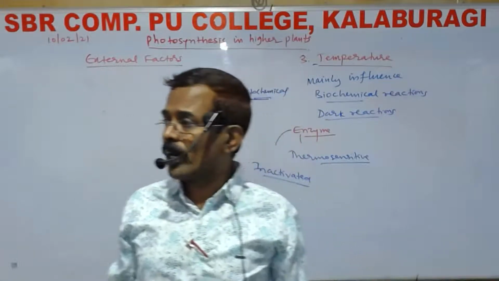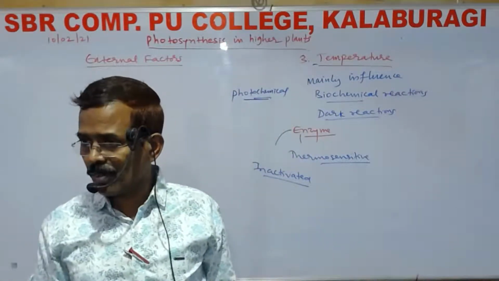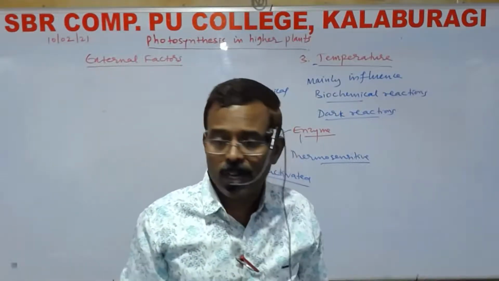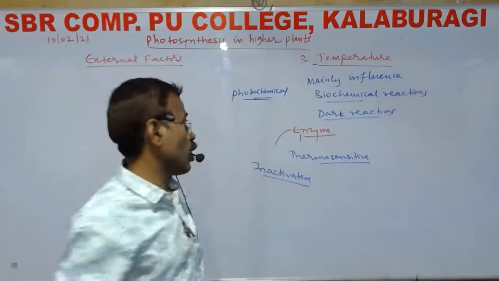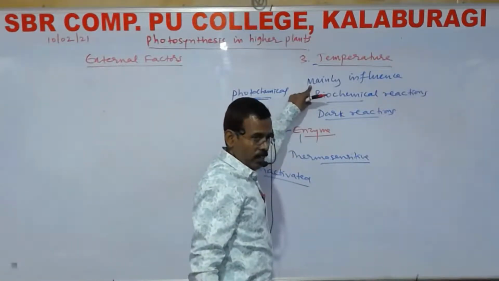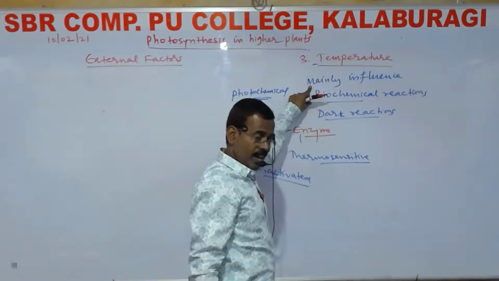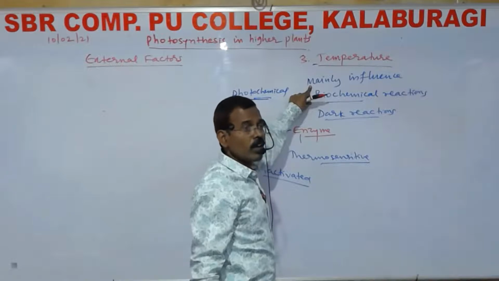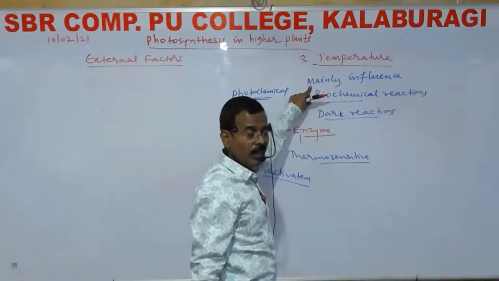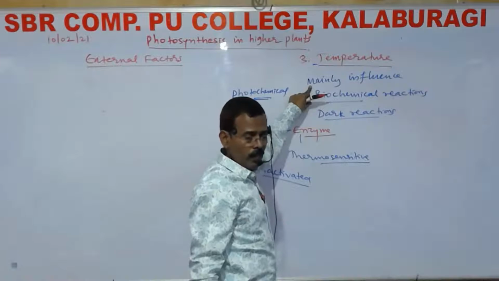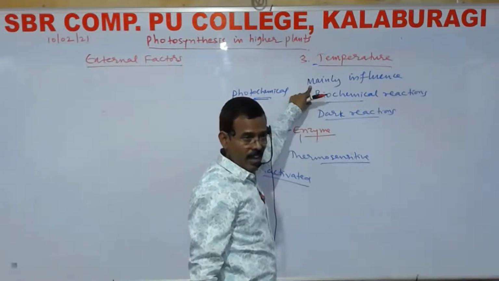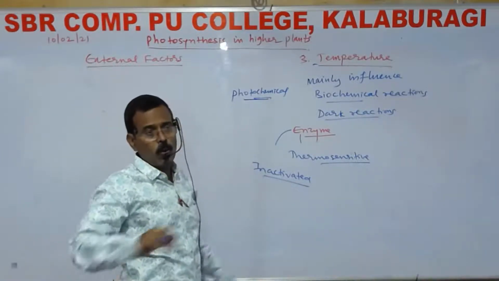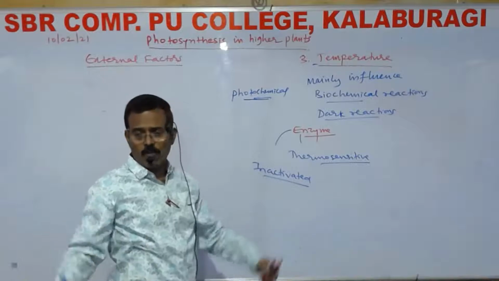That's why photochemical reactions or light reactions are less affected by temperature as compared to the biochemical reactions, the dark reactions. Each reaction step is catalyzed by a biocatalyst, that is, an enzyme, which is usually sensitive to high temperature. They get inactivated or denatured. That's why the reaction they are catalyzing will not proceed, or it is inhibited, or blocked. Hence, overall, it can affect the rate of photosynthesis.